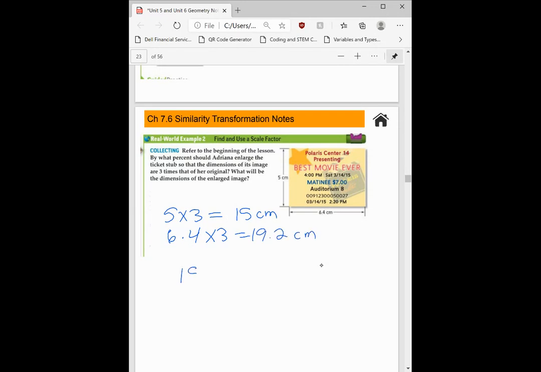So the new dimensions are 15 by 19.2. Okay? And then our increase, like we said, was 300% because you do 3 times 100% and you got 300%. And this is what it was looking for, the dimensions.